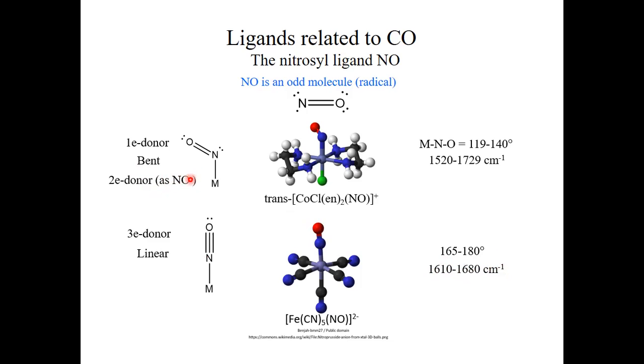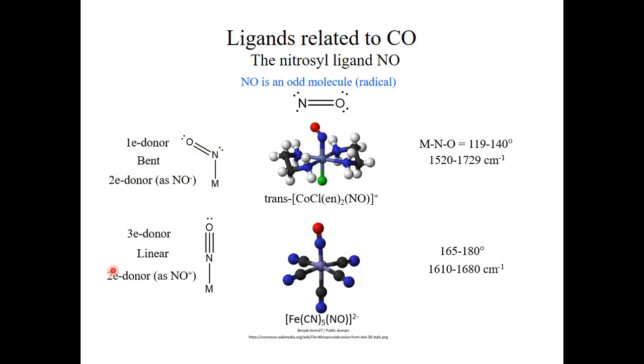So in this case, when we observe a bent structure, we would view the NO ligand as a 2 electron donor, because 2 electrons would be donated and the other 2 electrons would remain as the electron lone pair here. Both views are acceptable. It only depends on how you actually count the electrons.